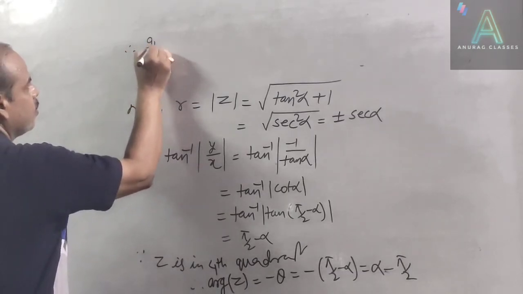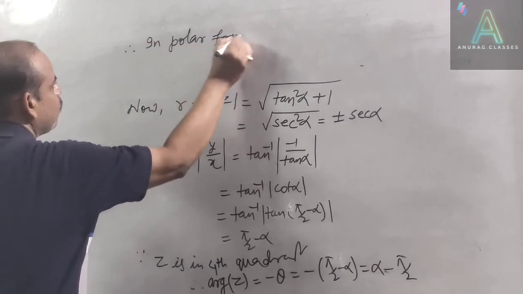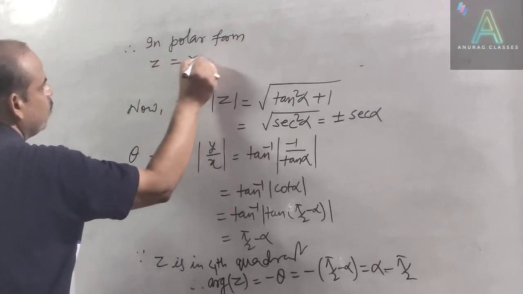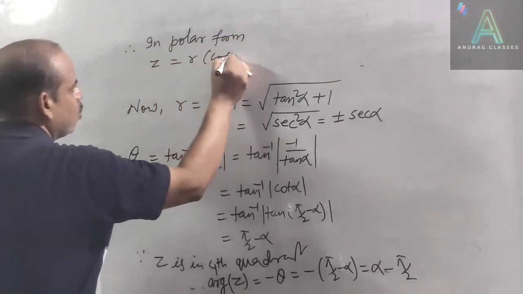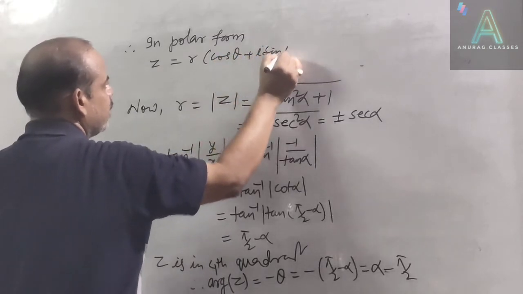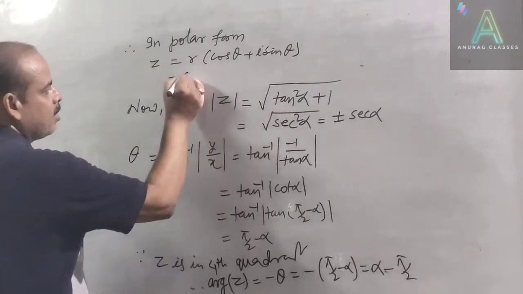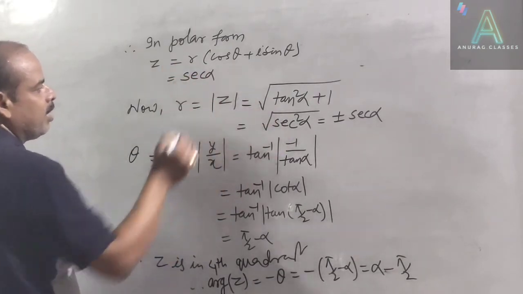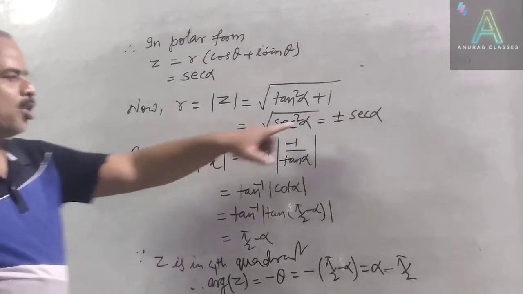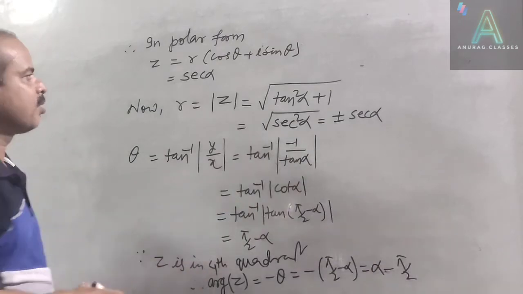Therefore, in polar form, z is equal to r (cos theta plus iota sin theta). So the value of r is sec alpha. We are taking here the positive value because alpha lies in first quadrant here.